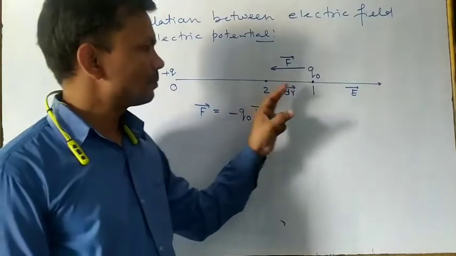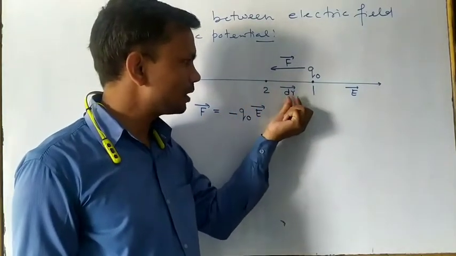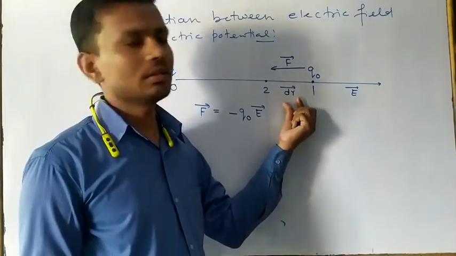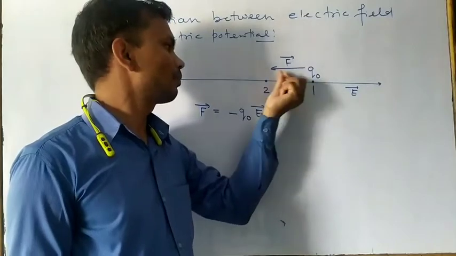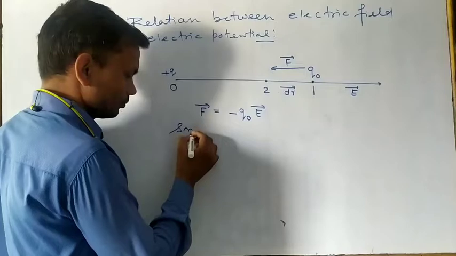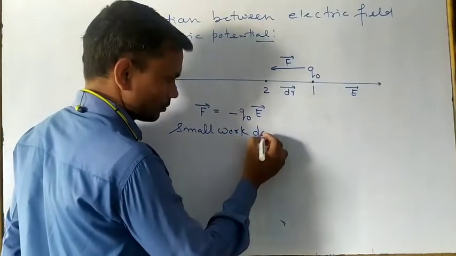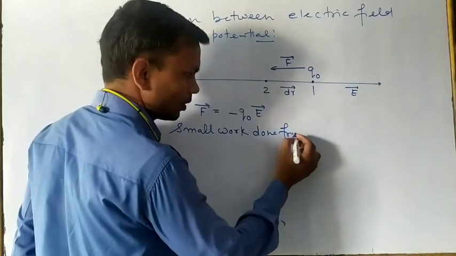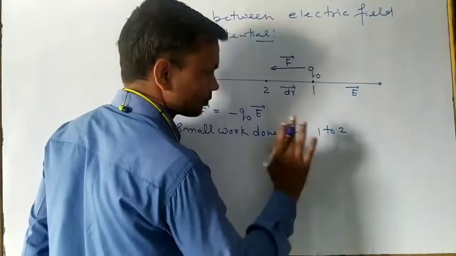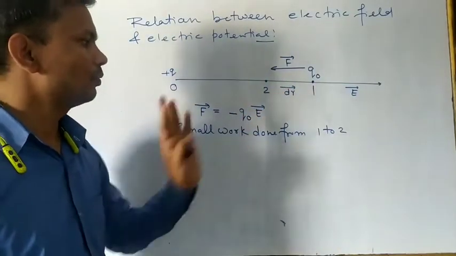Now for this displacement from point 1 to point 2, if this vector dr is small, then there is a small work done from point 1 to 2. I'm moving this Q naught from point 1 to 2.